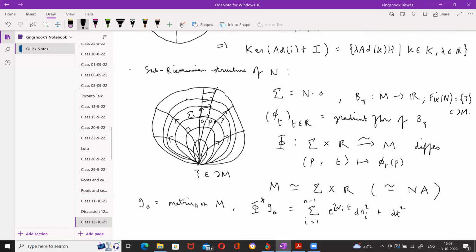There won't be any cross terms dn_i dt, because the del n_i direction and the del t direction are orthogonal. So this part is just a metric on sigma times a function of t, and this part is dt squared. This is what's called a warped product metric.